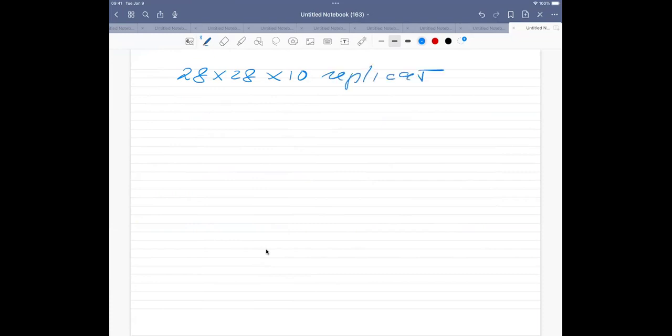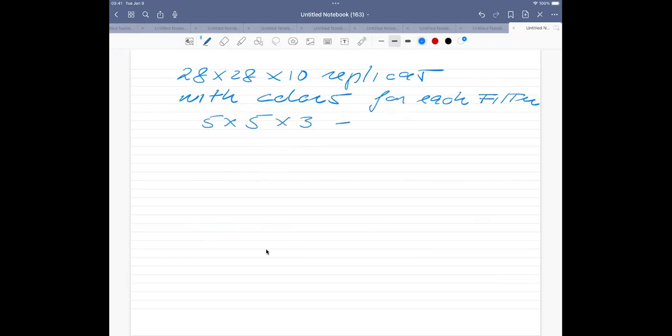If we look at the training, and include the color channel, for each filter we have 5 times 5, times the color channels, 3, plus 1, which is equal to 76.